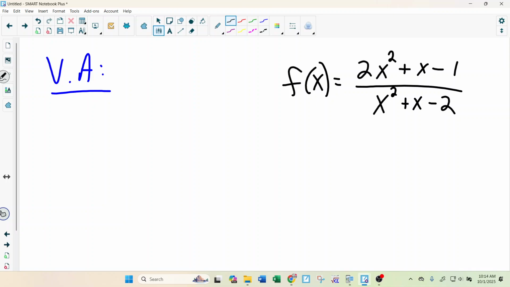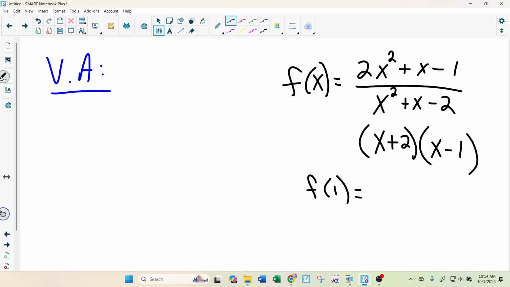Where do we look? Where the bottom is 0. So let's factor the bottom. So we factor the bottom, we get x plus 2, and we get x minus 1. Well, let's see both of those and see what happens.